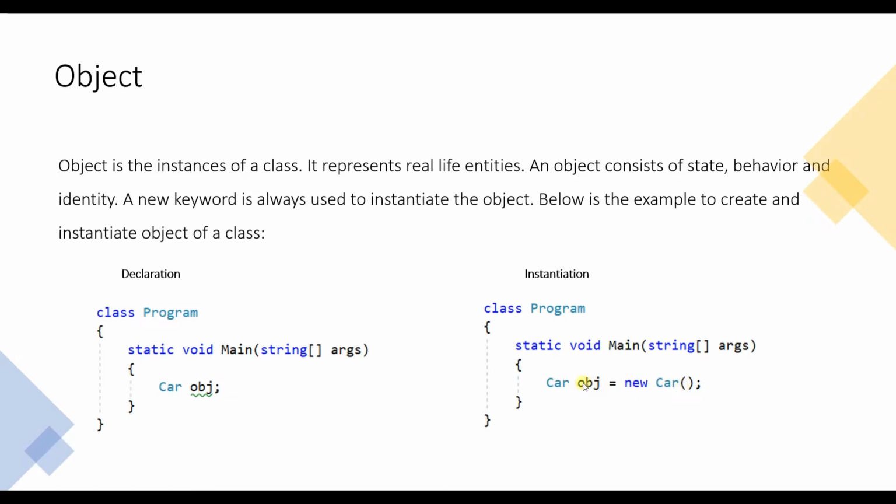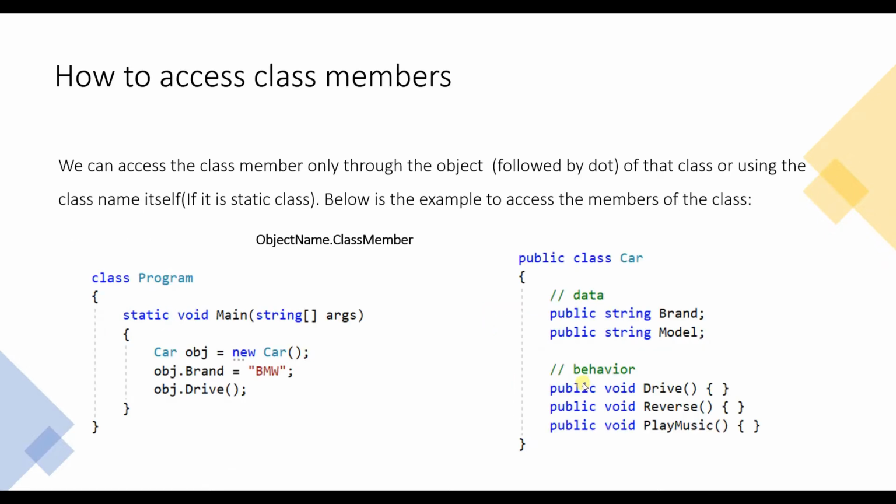The new keyword basically provides the memory allocation to the object, and if we are not using the new keyword, the object has a null value, and it always throws an error if we use that object to access the member of the class.